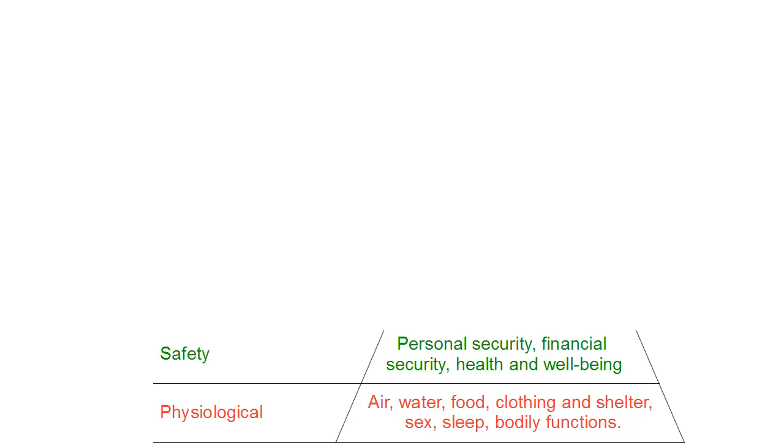It's your health. It's perhaps having enough health insurance so that you know that if you do fall ill, you're going to be able to pay the bills. And it's just sort of general well-being, things that you know that you can sleep at night without all these things on your mind. So that's the second level of the pyramid here.